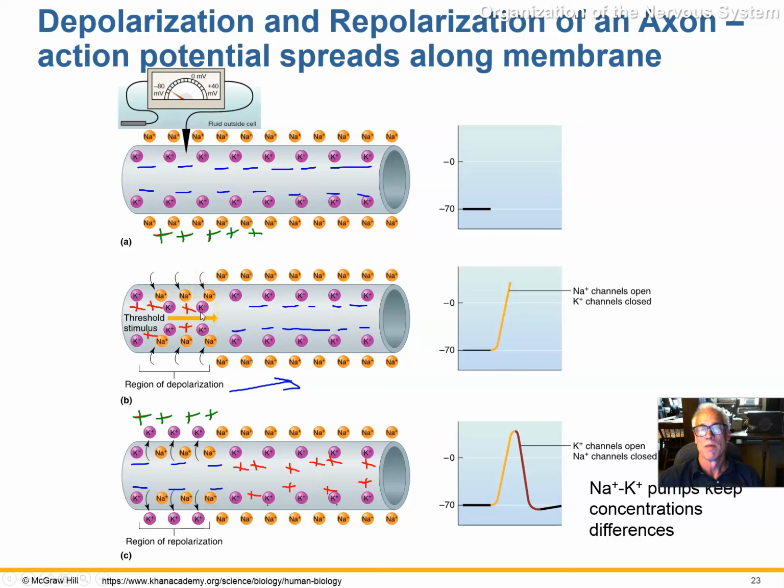More sodium ions come in and depolarize, and so forth, and it just spreads like a wave down the axon. And so as this wave of depolarization passes by our voltmeter, we see depolarization going from minus 70 millivolts, minus 60, minus 50, 0, up as high as plus 30 millivolts as more and more positive charges enter the membrane.